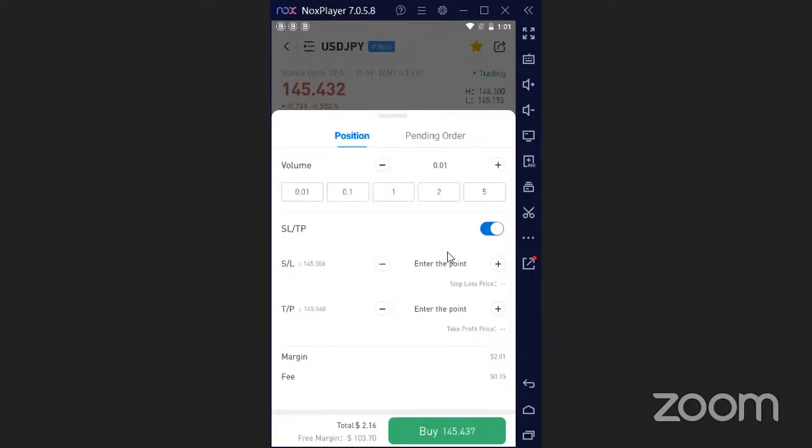Just enter it as I'm calling it: 145.295. And our TP, take profit, that is 145.